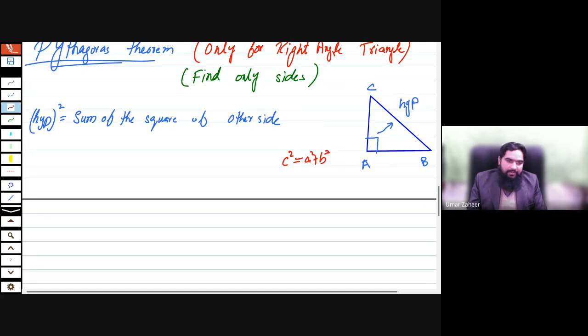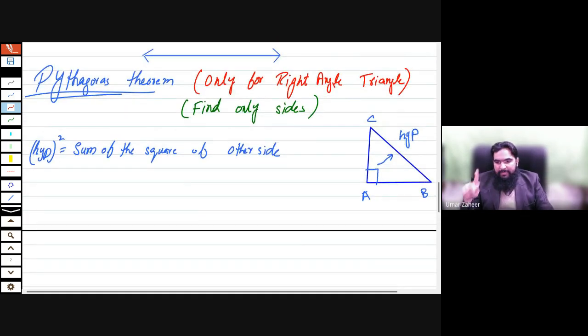It looks easy, but obviously when we do it in 3D trigonometry, it is more confusing. So I will give you one statement for each thing. What is the first statement here? Hypotenuse square is equal to the sum of the squares of the two other sides.